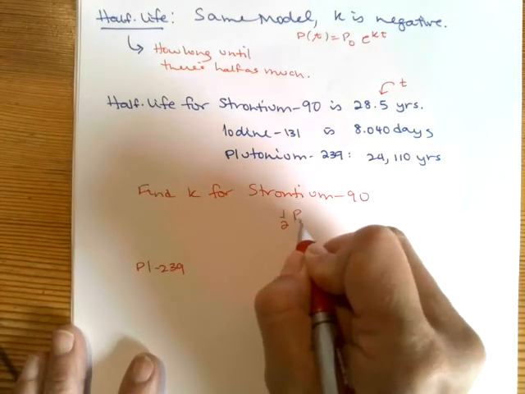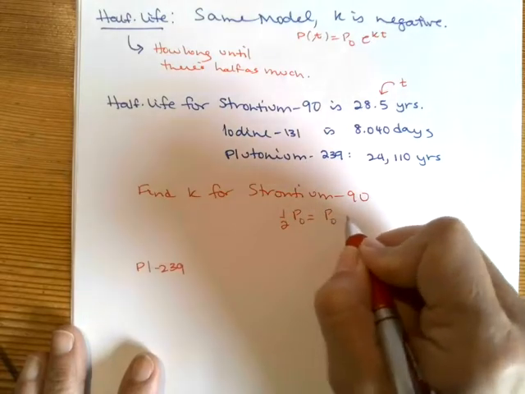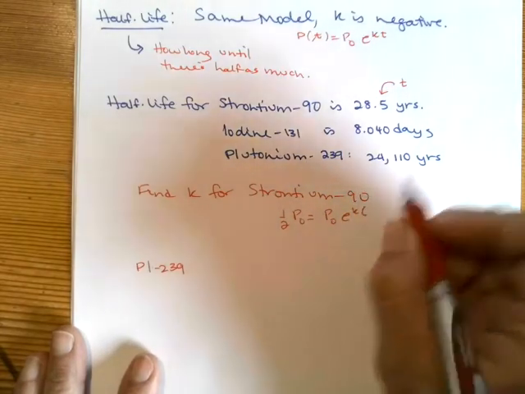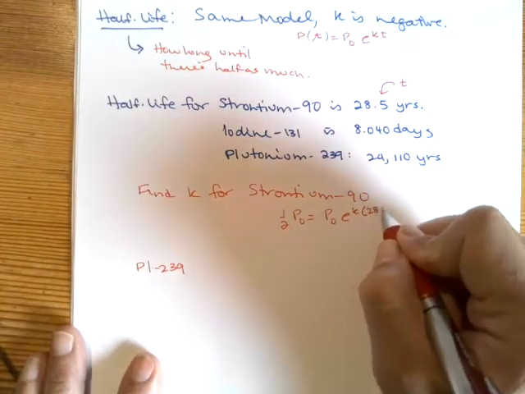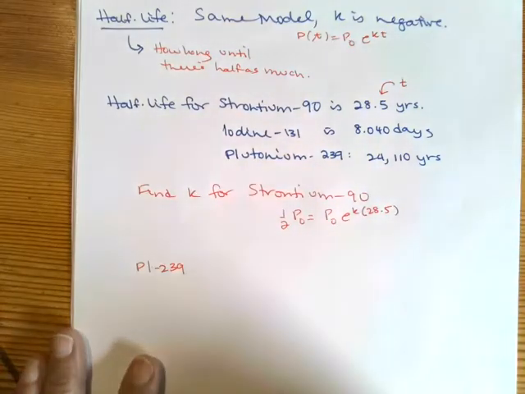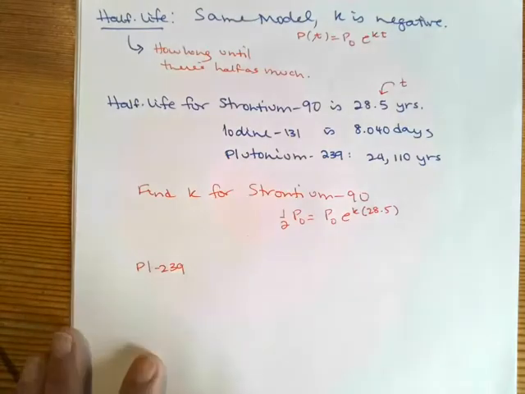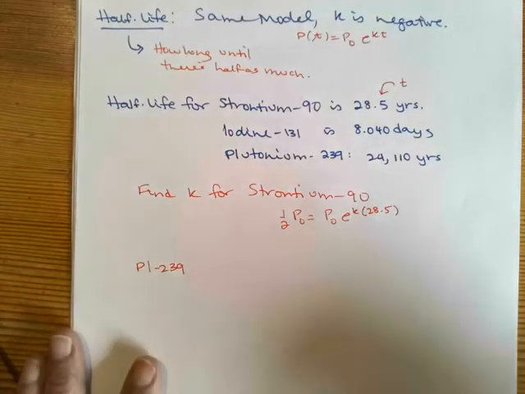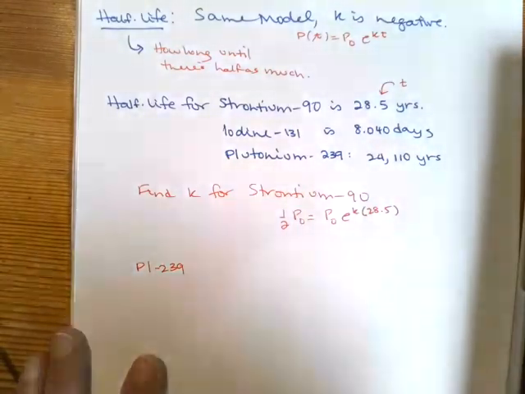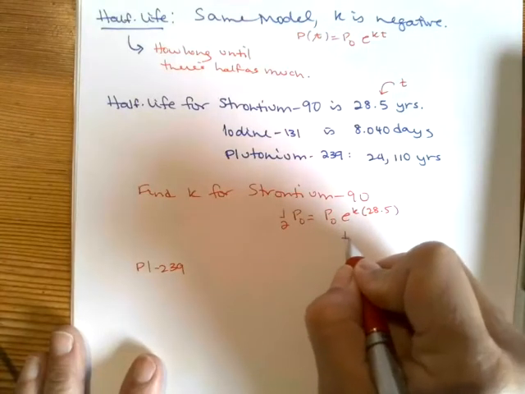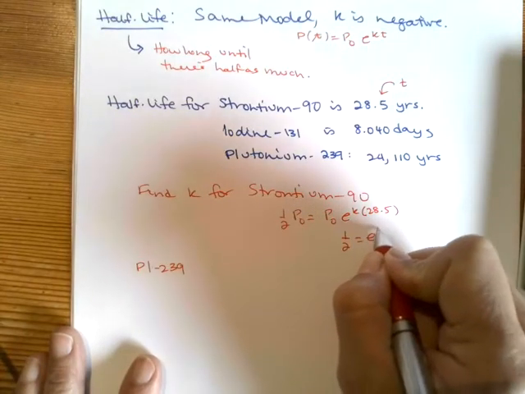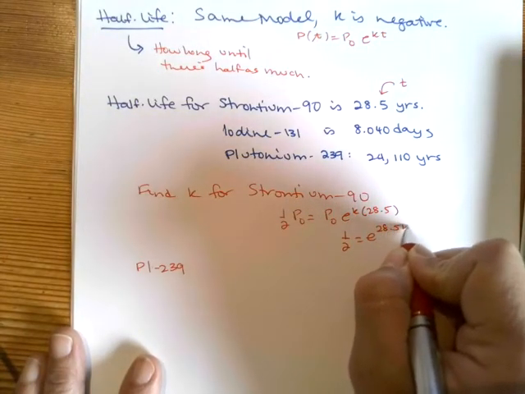So 1/2 P naught equals P naught e to the k times 28.5. So again, it doesn't matter what you start with. It takes the same amount of time to go down by half. So divide out your P naughts. So 1/2 equals e to the 28.5k.